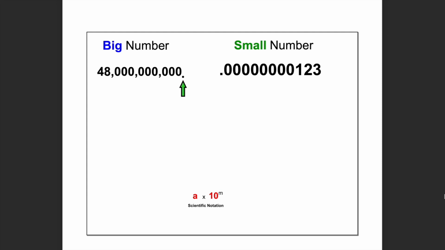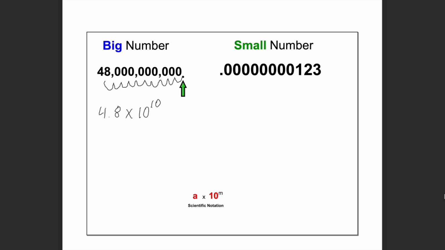When you're dealing with big numbers, you're going to have the decimal point at the end. Remember, even if you don't see the decimal point, it's going to be there. It's just at the end of the number. You'll have to add it in. And we do the same thing. We go 1, 2, 3, 4, 5, 6, 7, 8, 9, 10. And so that gives us 4.8 times 10 to the 10th, because we counted 10.